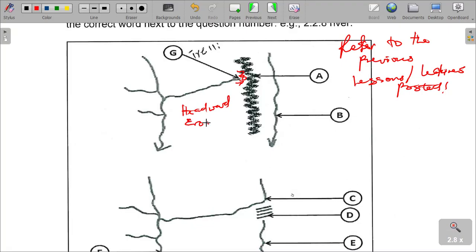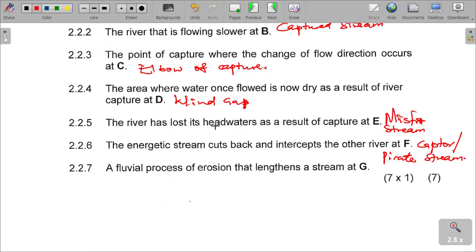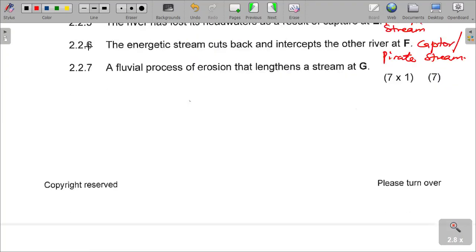It's headward erosion, G, number 7. That is quite correct.